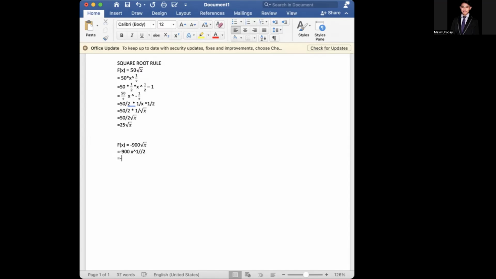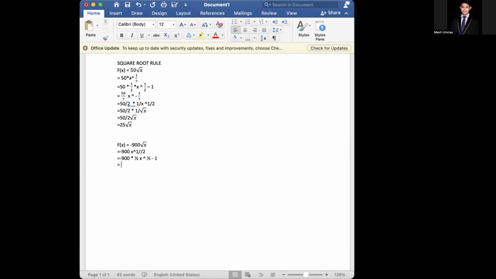Negative 900 times the derivative of x, it will become 1 half times x to the power of 1 half minus 1.